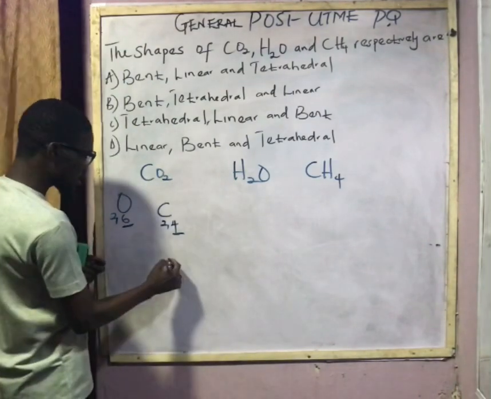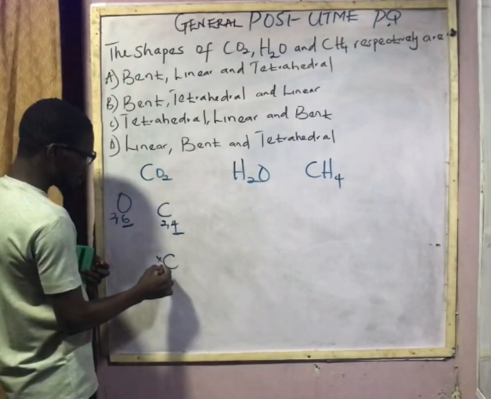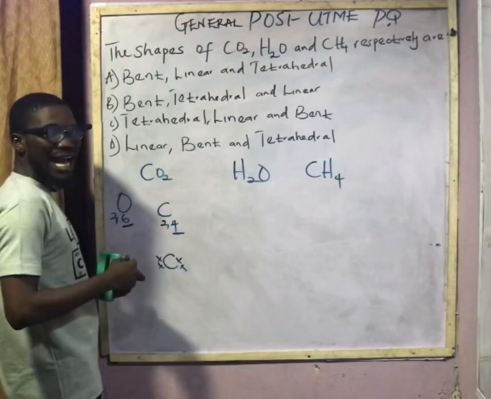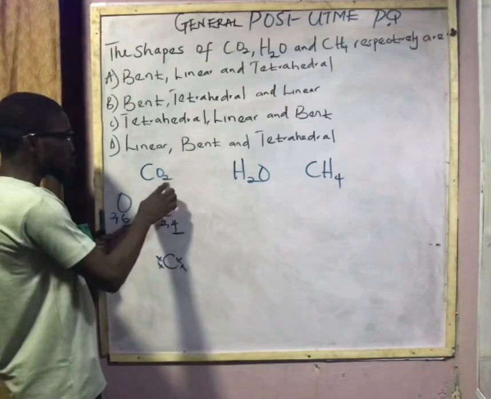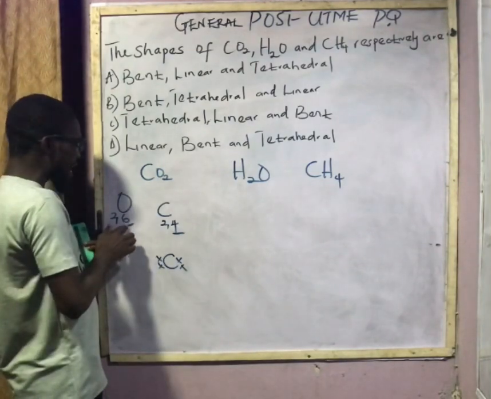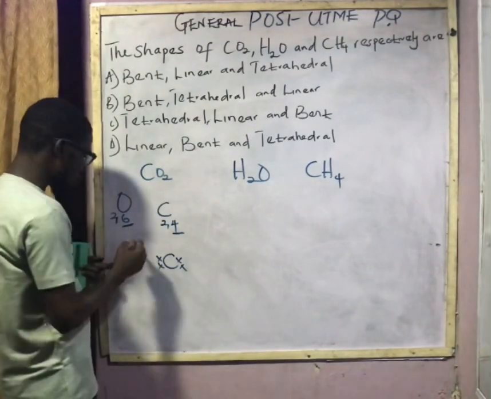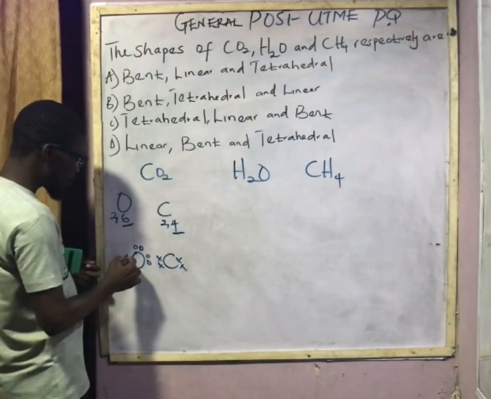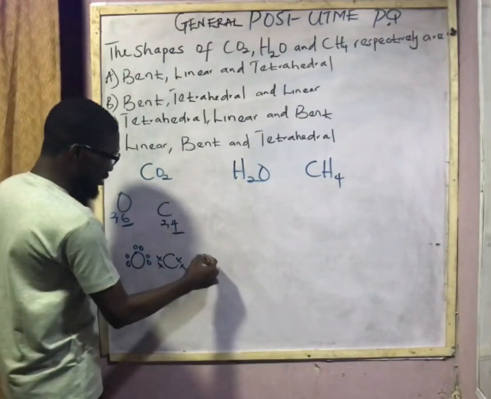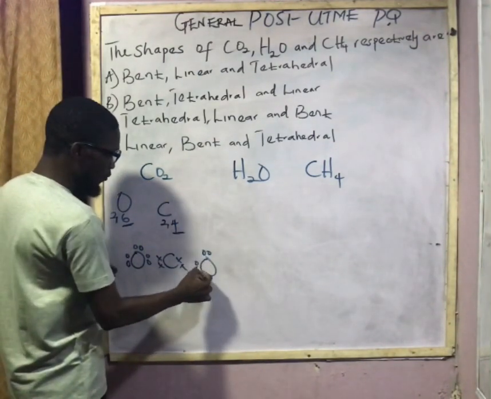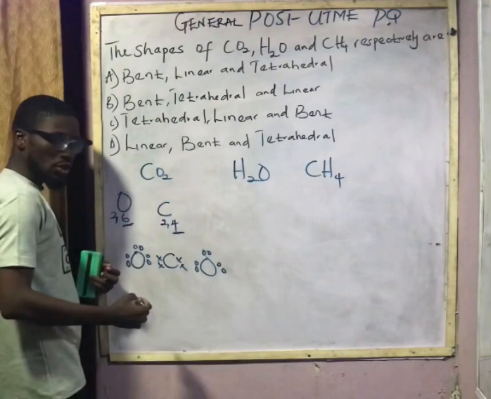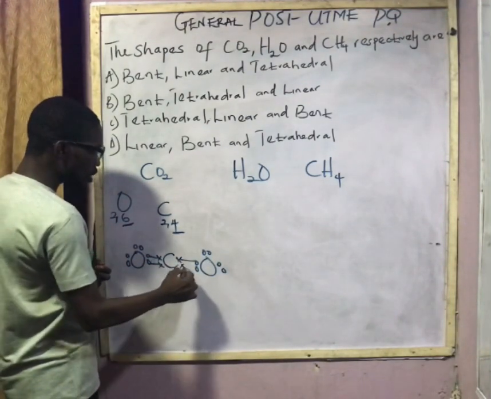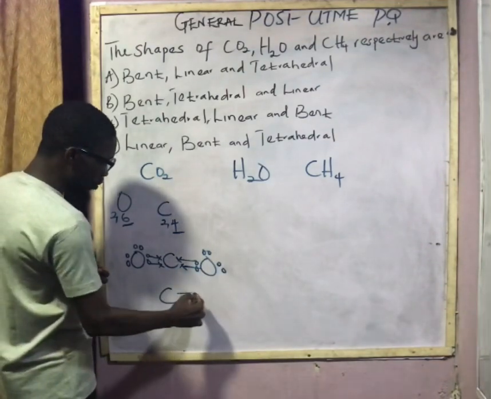Now, we have 1, 2, 1, 2. That is the 4 outer electrons, and mind you, we have 2 oxygens here, and the outer electron of oxygen is 6. So we have 1, 2, 3, 4, 5, 6. Likewise here 1, 2, 3, 4, 5, 6. So when looking at this, if you join this together, at the end we'll be having this.